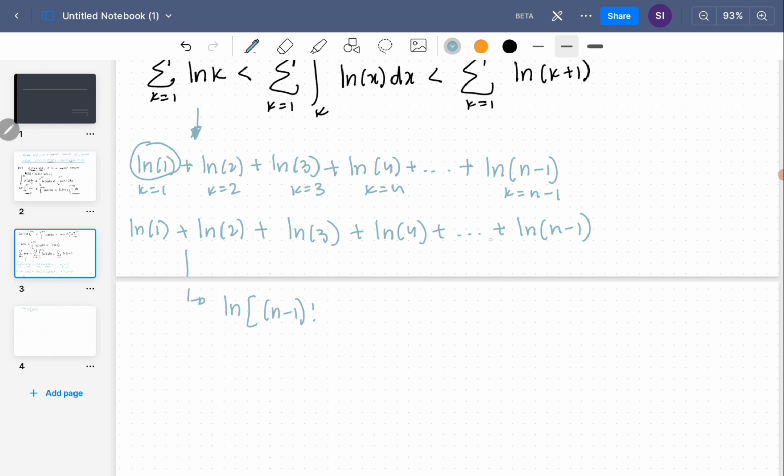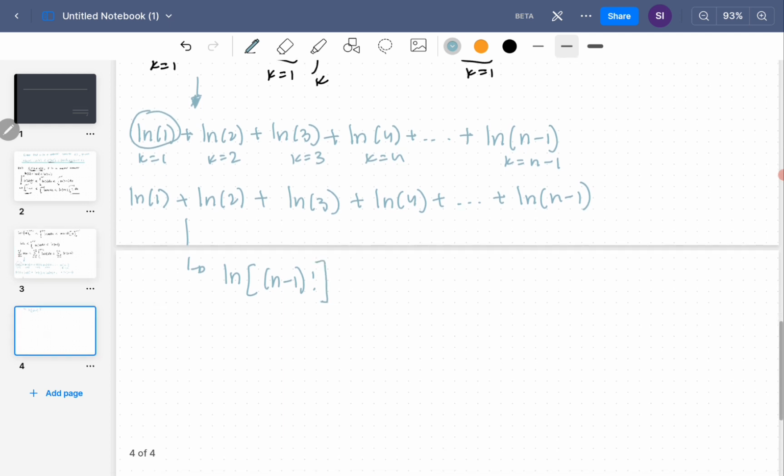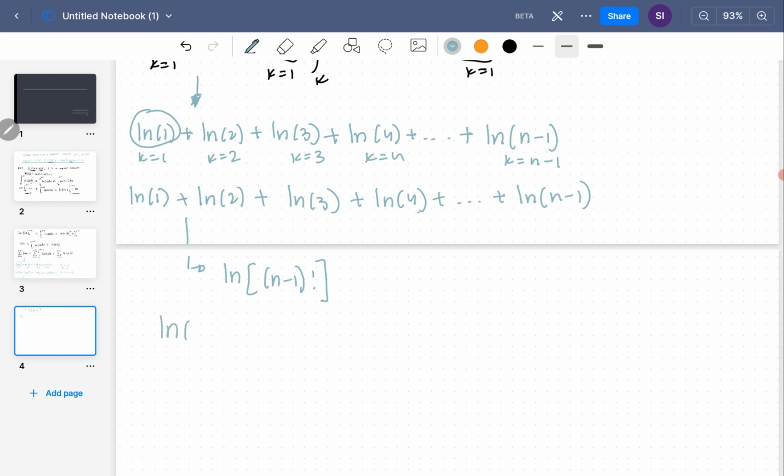We're going to have an n minus 2 here somewhere, and then we're going to go 4, 3, 2, and 1. And for those of you who are still a little confused, remember that these are all being added. And we know that natural log of alpha plus natural log of beta is equal to natural log of alpha beta. That is one of the properties of logs.